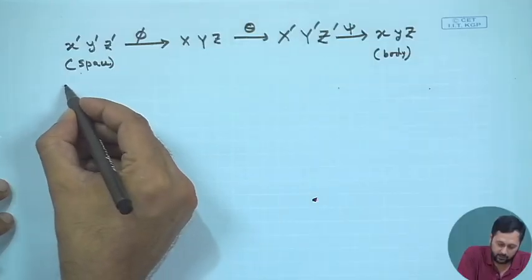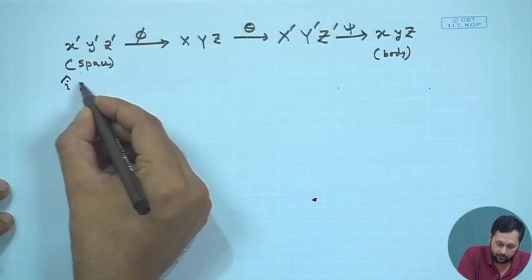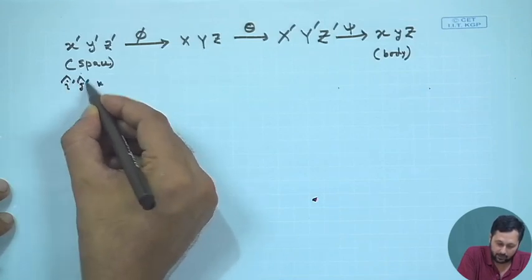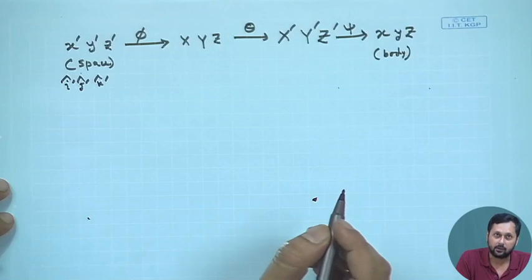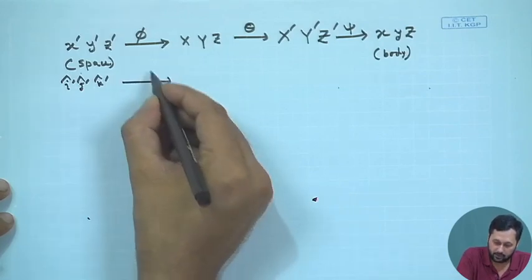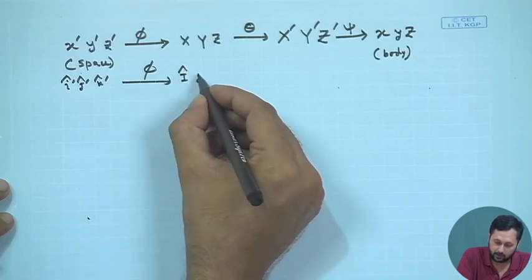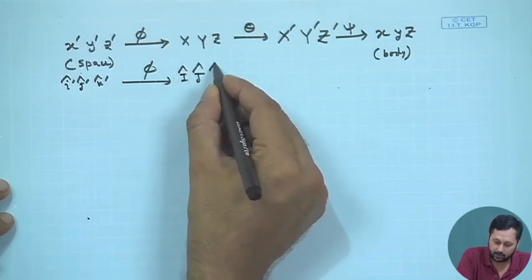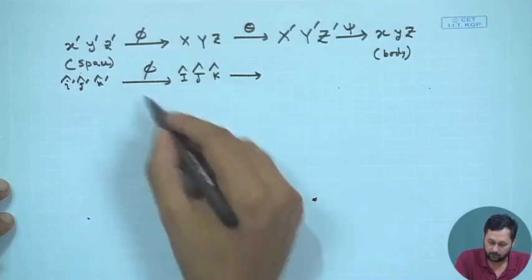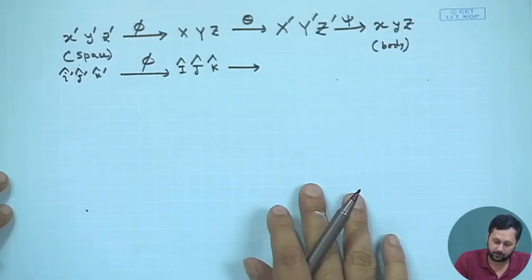So, let us look at it in a slightly different way. Initially, we have i prime, j prime and k prime as our set of coordinates. Then after the first phi rotation, let us say we have capital I, capital J and capital K as our three direction vectors.